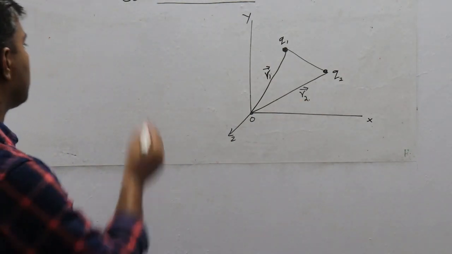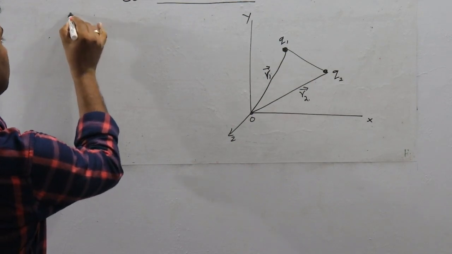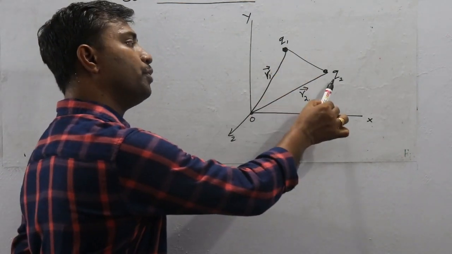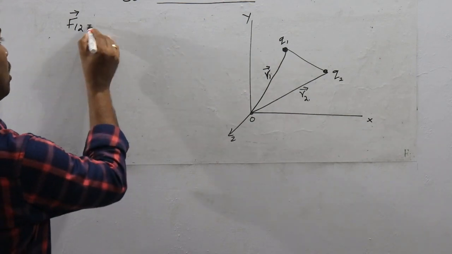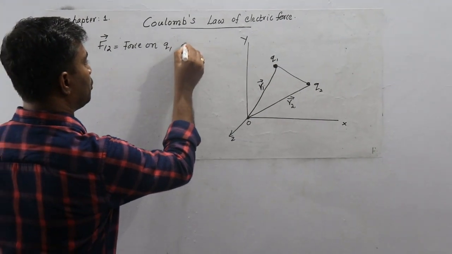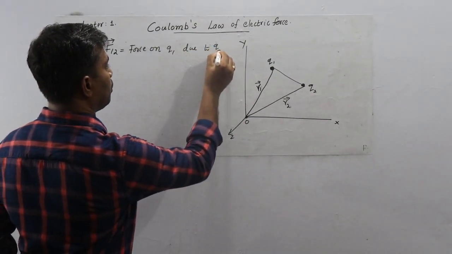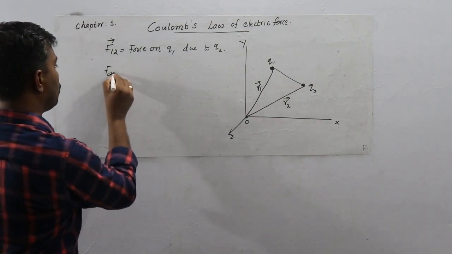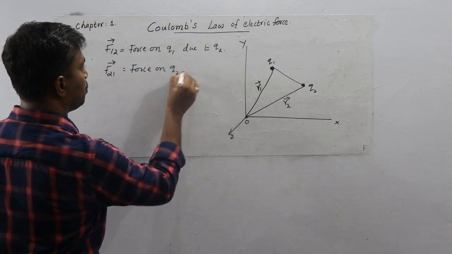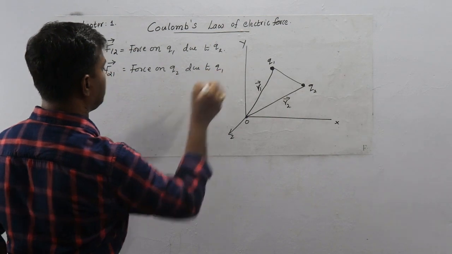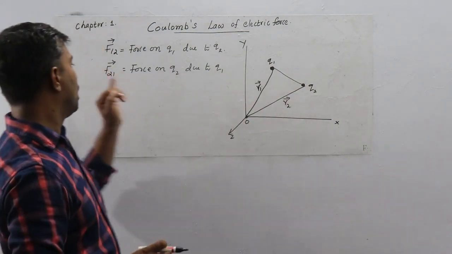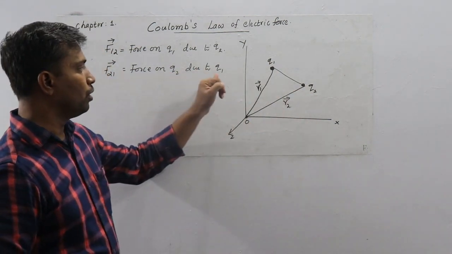Here we consider the F12 vector. F12 represents the force on Q1 due to Q2, and similarly F21 represents the force on Q2 due to Q1.